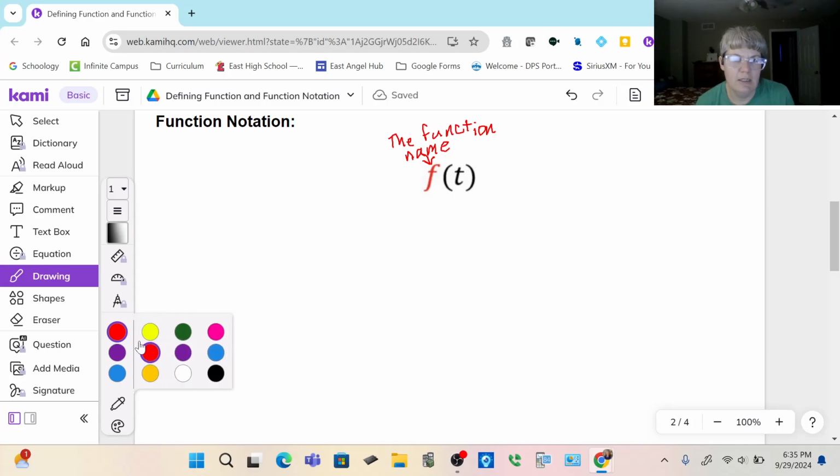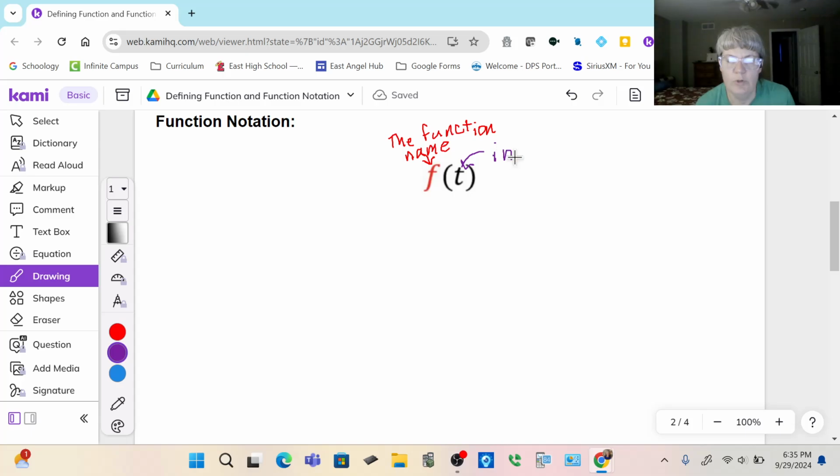The t is going to be our input. So what's inside the parentheses, the variable that's inside the parentheses, is considered the input. Again, we've got a word that begins with the prefix in, inside. So inside the parentheses is the variable that represents the input.